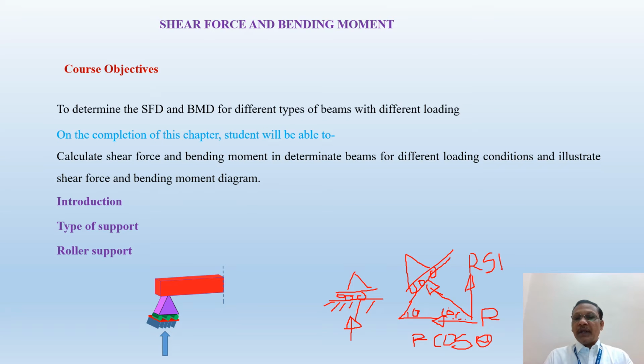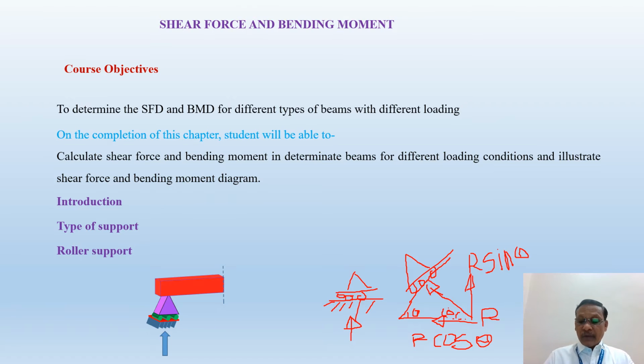In this way you can rotate this support at any angle, and we get two unknowns, R cos theta and R sin theta. So this is the free body diagram of a roller support.